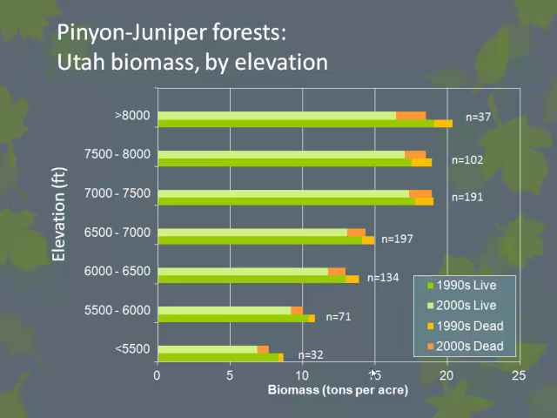One other thing you can see in this graph, the lower bars represent time 1, the upper bars are time 2, green is live biomass, and red is dead biomass. The biggest decreases in live biomass occurred at the highest elevations and the lowest elevations. And between 7,000 and 8,000 feet, on average, there was less change than the other elevation zones.